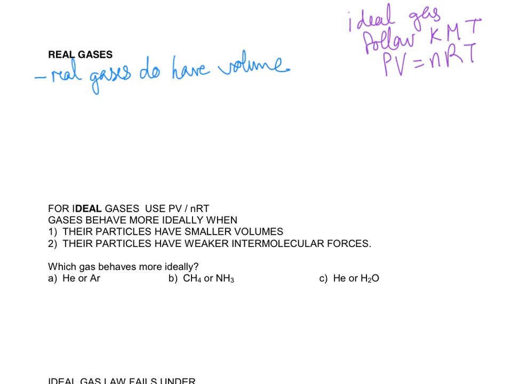So because they have volume, to make up for that, we have to subtract the volume of the gas particles themselves from the volume of the container if you want a more accurate result.